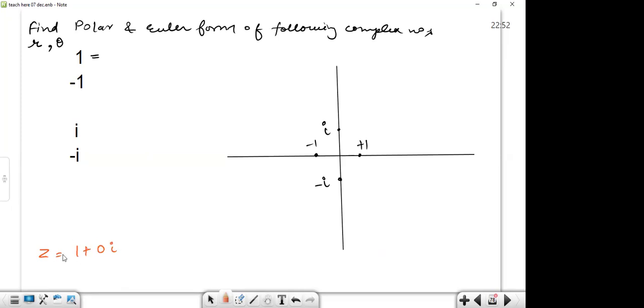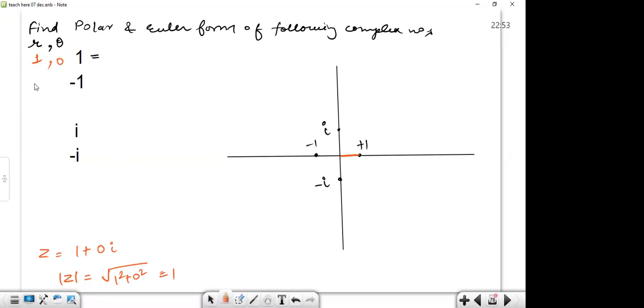This is what the complex number looks like. We find out its magnitude: it's going to be square root of 1 square plus 0 square, which is 1 itself. So the magnitude is 1. Theta is what? What angle is this line making with the positive real axis? 0, right.